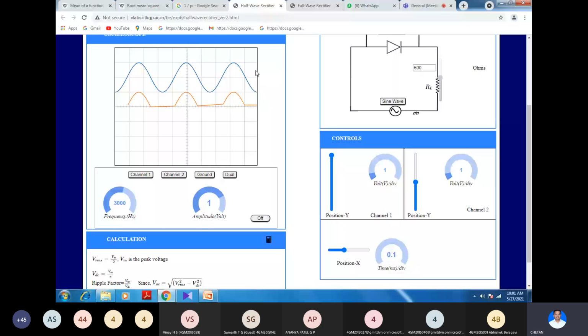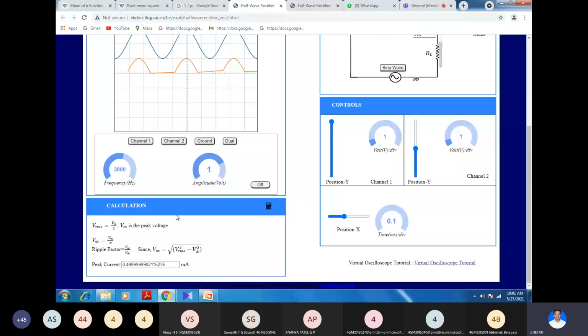Here also they have given some formulas, right? VRMS, which is Vm by 2, where Vm is the peak, and VDC, which is Vm by pi. Then they have given the ripple factor, that is the AC component divided by the DC component. And what is AC? AC is the square root of VRMS square minus VDC square, right?